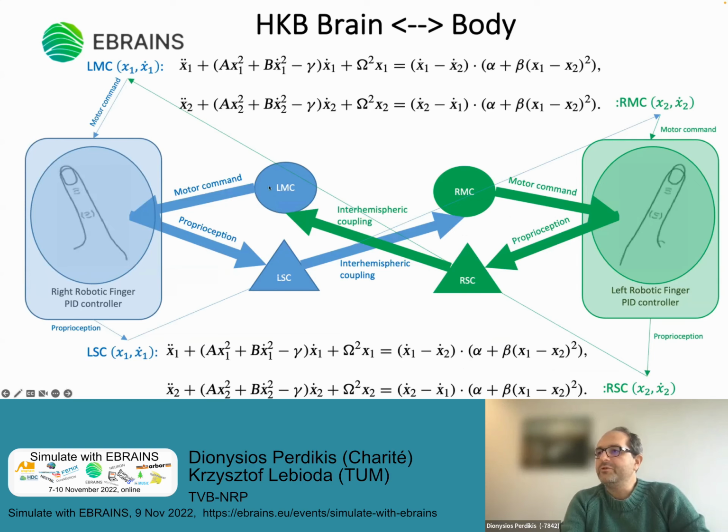The left motor cortex provides a motor command of position and velocity for the right robotic finger. The same thing happens on the other side. And then there is also proprioception from the right finger towards the left sensory cortex, likewise in the other direction. And finally, there are interhemispheric couplings from each sensory cortex to the motor cortex of the other side.